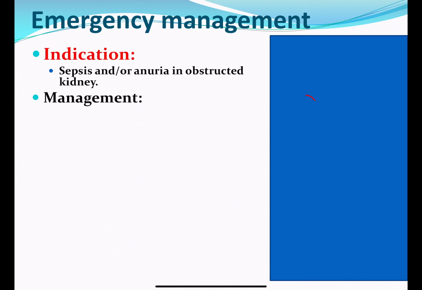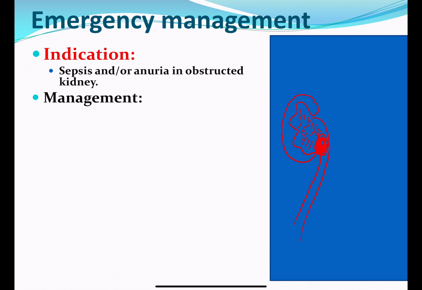How does it happen? Suppose this is the kidney. A stone has obstructed the pelvic area, suppose at this area, then obviously that may lead to hydronephrosis, can lead to stasis, and can lead to infection.